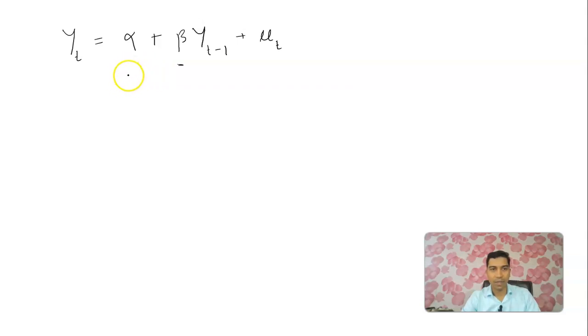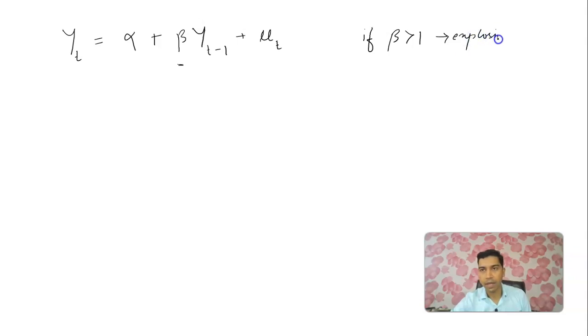If beta is greater than 1, that implies the relationship between y_t and y_(t-1) is going to be an explosive series. It will keep on increasing like an exponential, and an explosive series is non-stationary in nature.